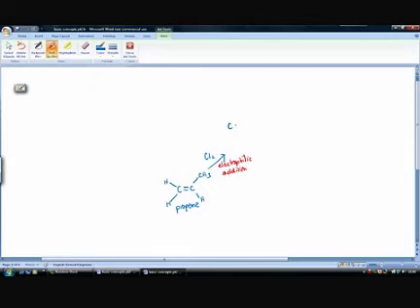The two chlorine atoms will add across the carbon-carbon double bond and produce 1,2-dichloropropane. All these reactions are addition reactions. It's all about things adding across the carbon-carbon double bond.